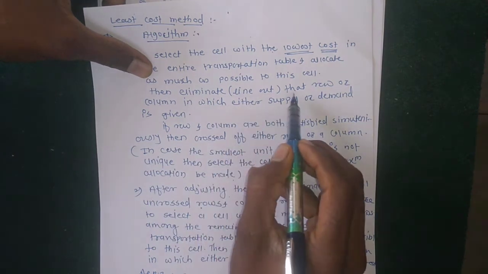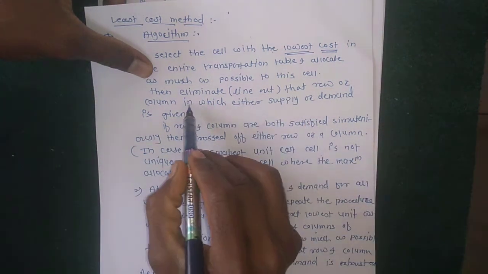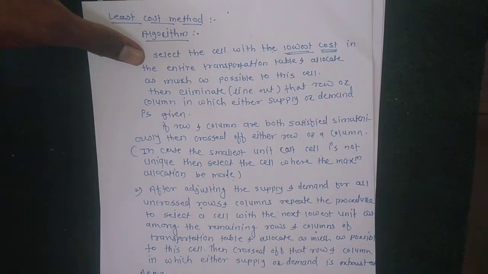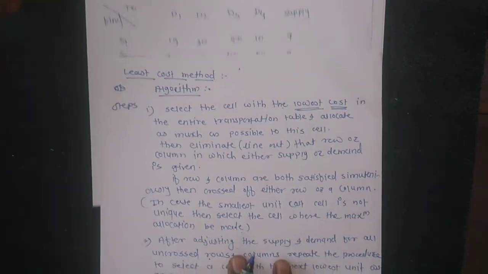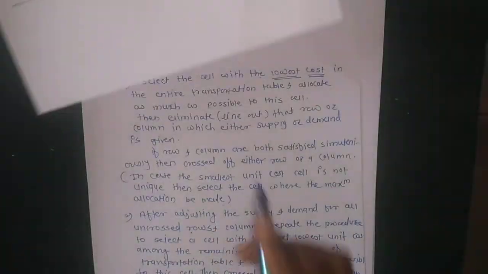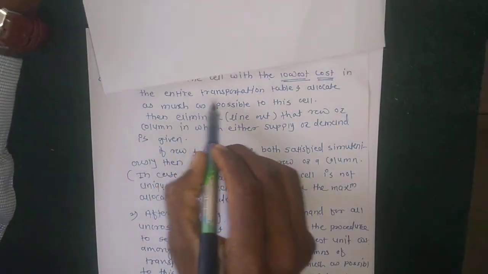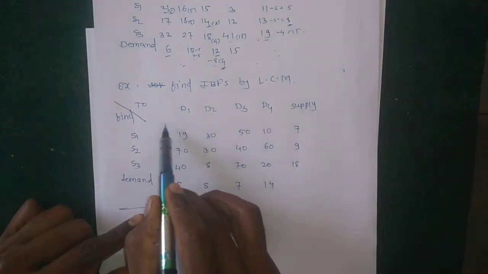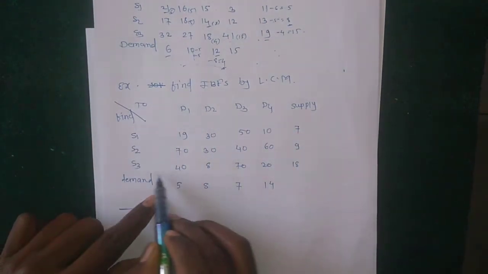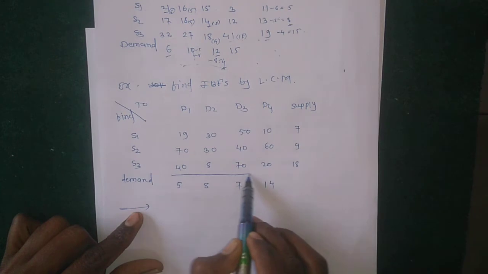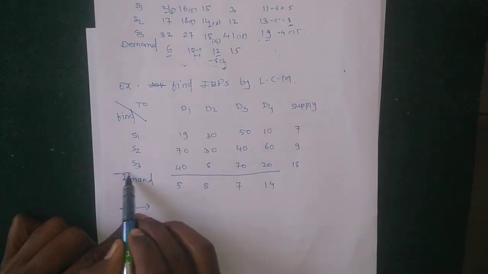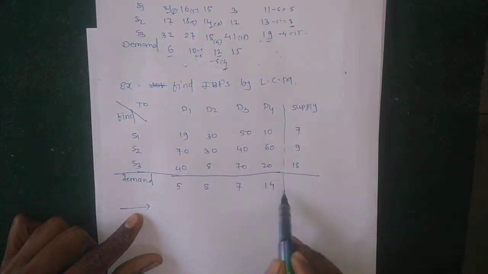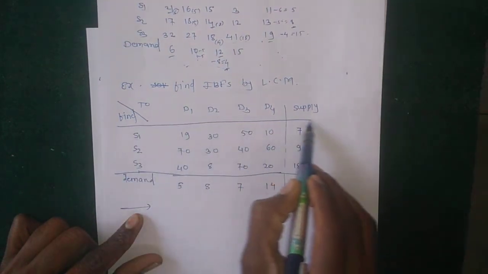Then eliminate the row or column whose supply or demand is exhausted. Here, selecting the cell with the lowest cost in the entire transportation problem, we have to select the smallest element of all the elements.